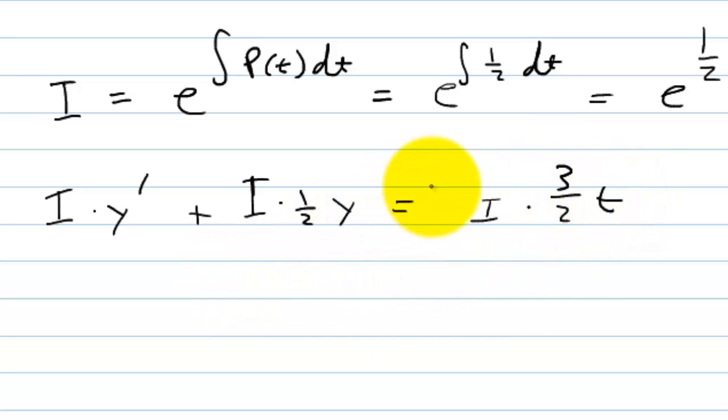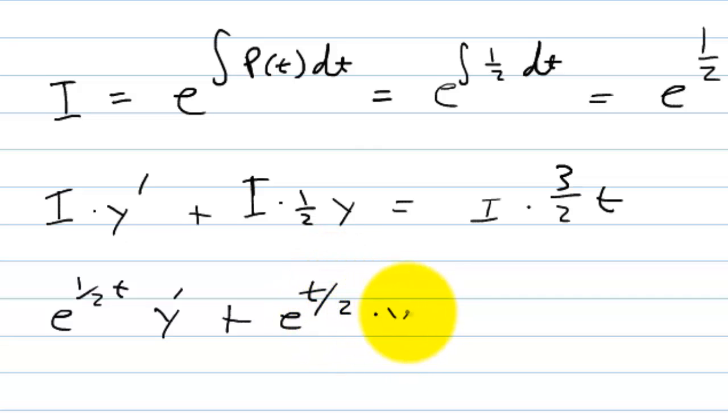Now let's replace the I with e to the 1/2 t. You're going to get e to the 1/2 t times y prime plus e to the 1/2 t times 1/2 y is equal to e to the t divided by 2 times 3 halves t. Okay, so now we've multiplied the equation by the integrating factor.